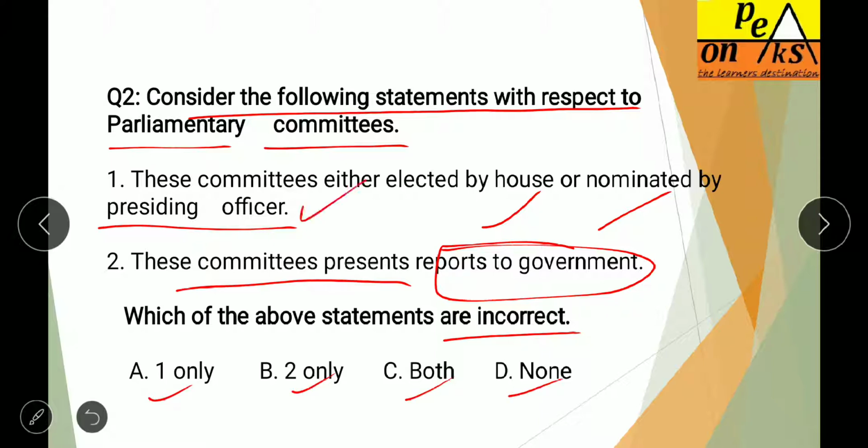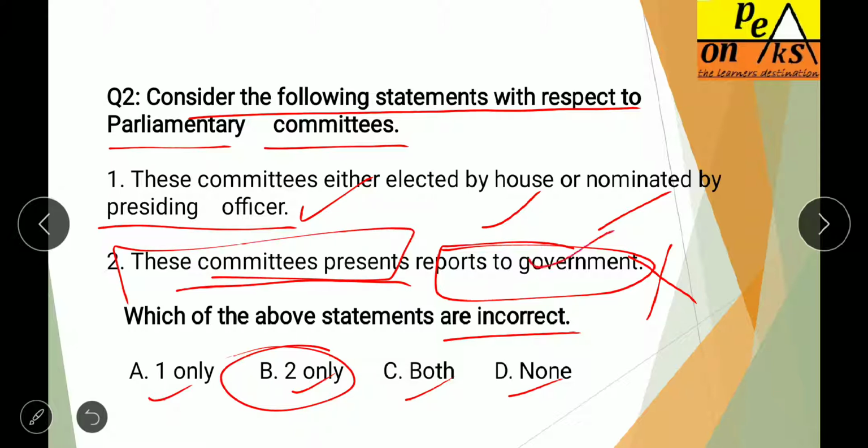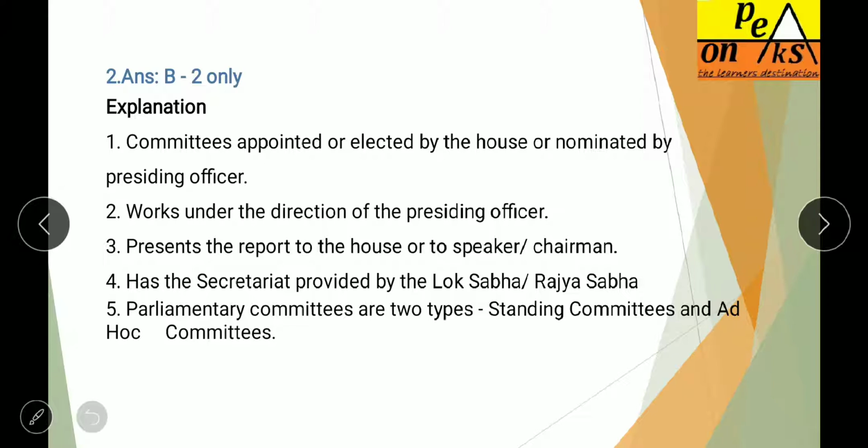The first statement is right, the second statement is wrong, because the committee submits the reports either to the House or to the Speaker. Committees are appointed or elected by the House, or nominated by the presiding officers.